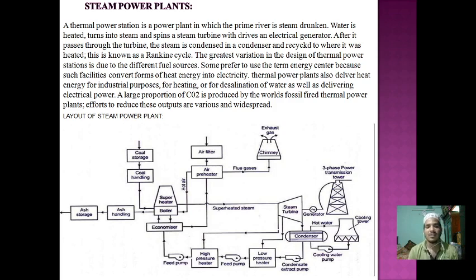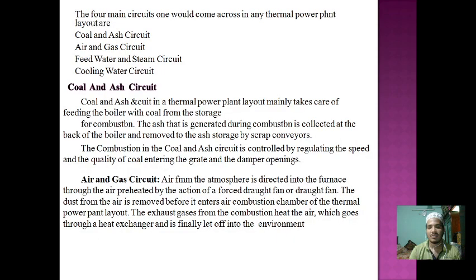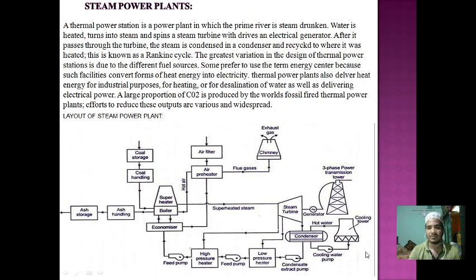We already discussed the structure of the layout, how the layout starts from the cooling tower. Here, at the cooling tower, the layout structure starts. The cooling water comes in from the condenser, and then it goes to the boiler.